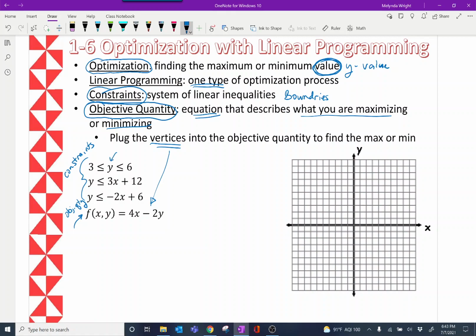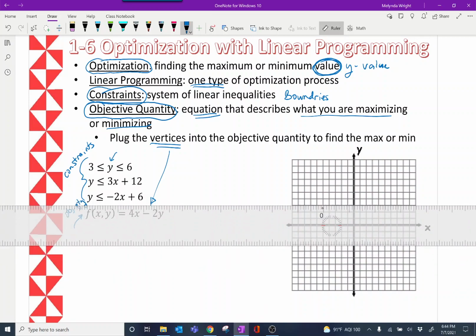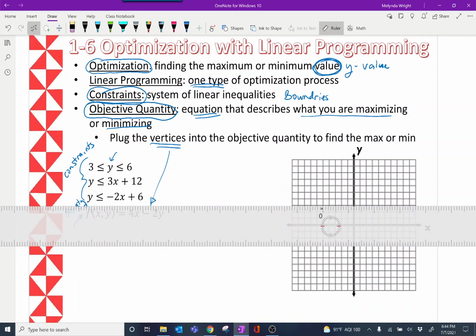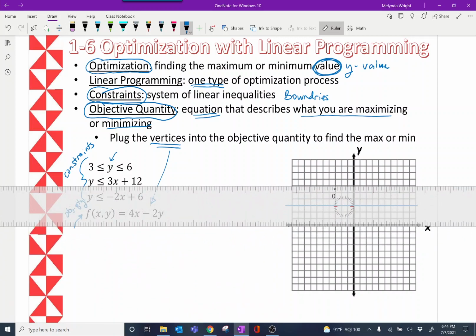So a y equals equation is one that is horizontal. Y is between 3 and 6. So let's draw that between 3 and 6. And it's got the equal to lines. So there's 3, 5, 6, there's 6.